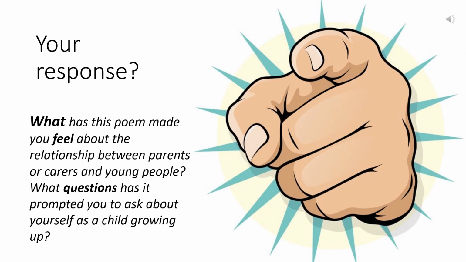The final thing we're going to do this lesson is just to really try and sum up our own thoughts. So this is the your response section of Amity that we always come back to. And I want to ask you what this poem has made you feel about the relationships generally between parents or carers and young people, and what questions it has prompted you to ask about yourself as a child growing up, no longer a dependent baby, but somebody struggling for their own different identity that is separate from their parents.